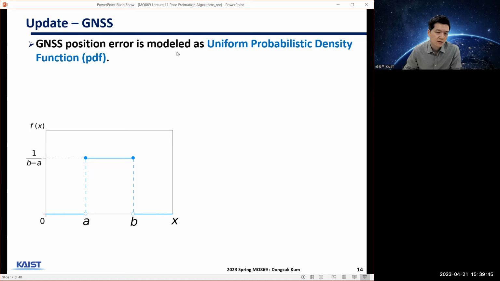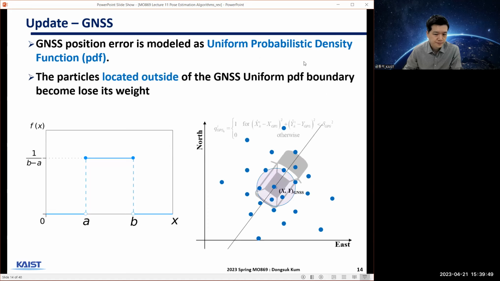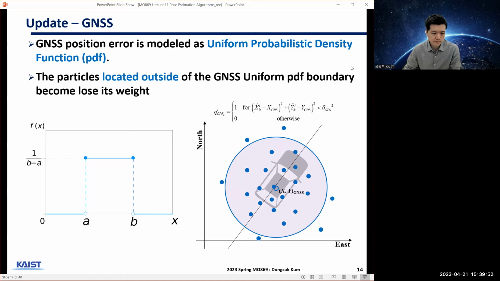We can model that as a uniform density function, so that way we don't have to care about particles that are outside the distribution range.